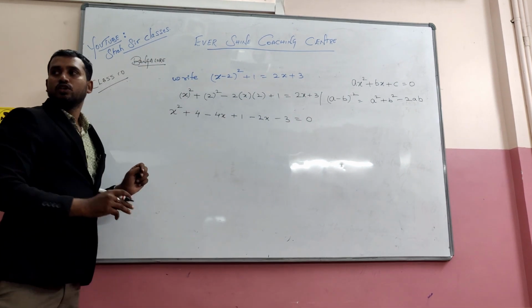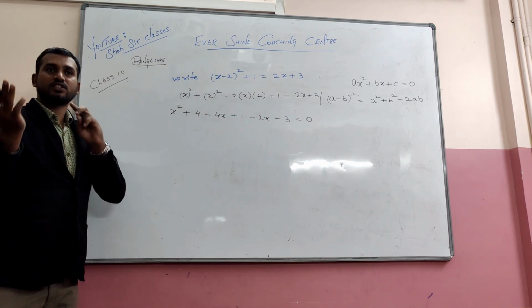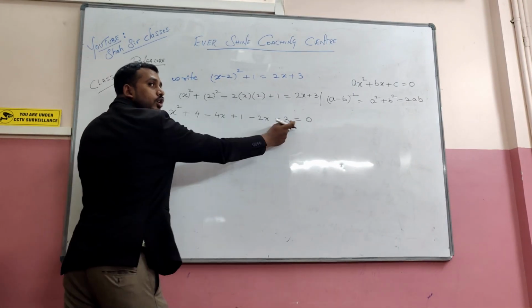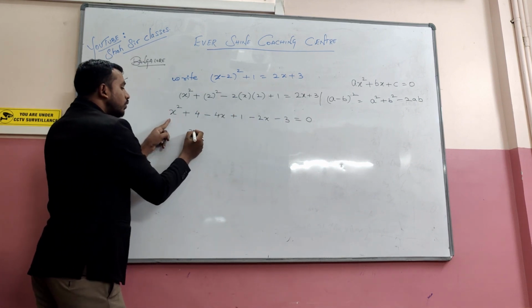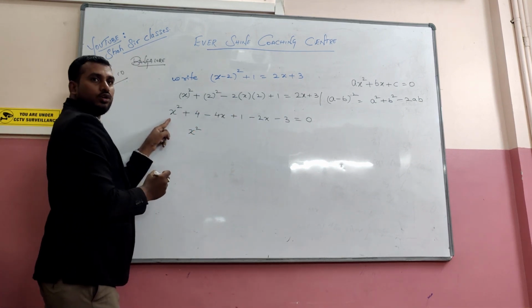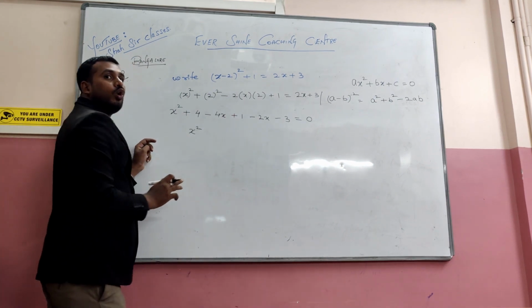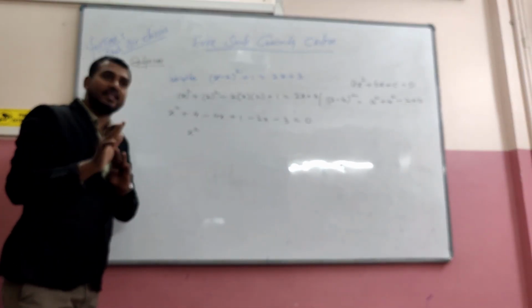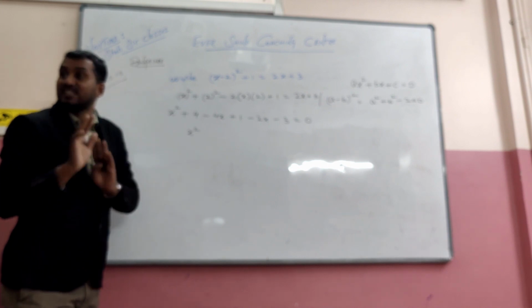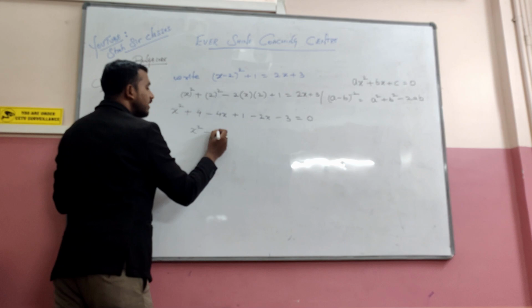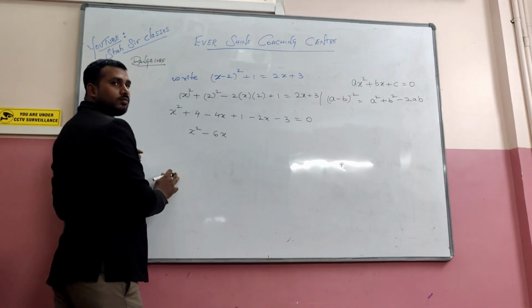Now arrange in order. First write second degree terms. Here x square is there. Is any other second degree term there? No. So keep x square as it is. Now first degree terms: minus 4x minus 2x. If both are minus, we add, and the minus remains the same. Minus 4 minus 2 is minus 6x.